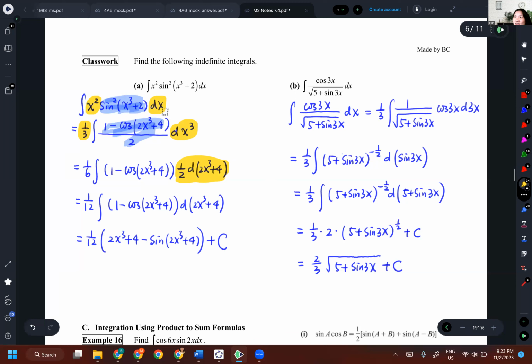Because I don't need x cubed, I need 2x cubed. And then I take out 12, and then I did the final integration. I think that's the correct answer. If your answer is different from mine, maybe you need to check with me.